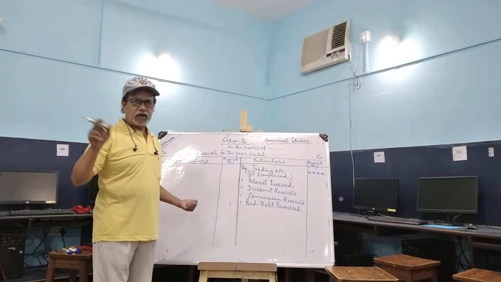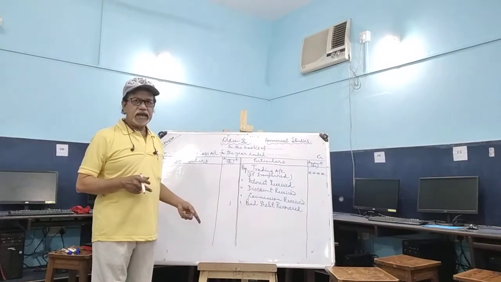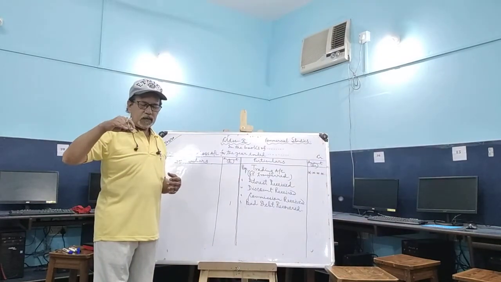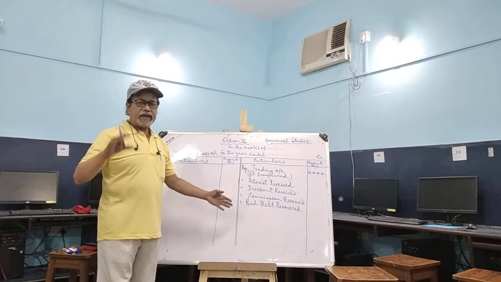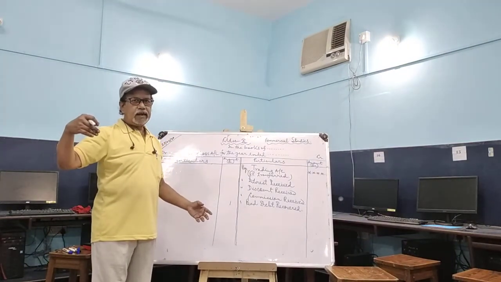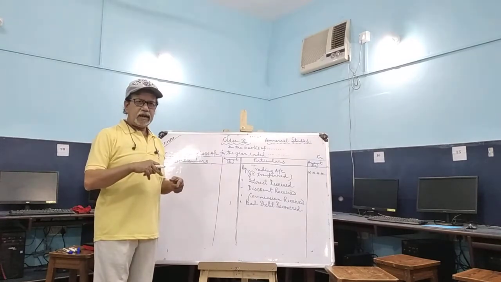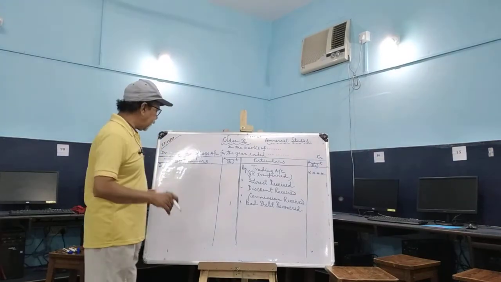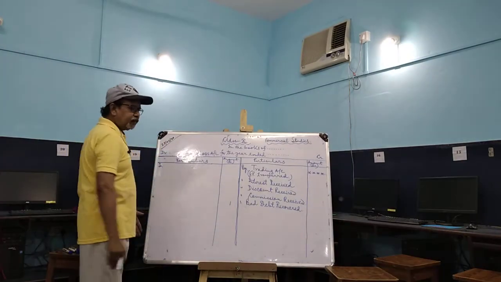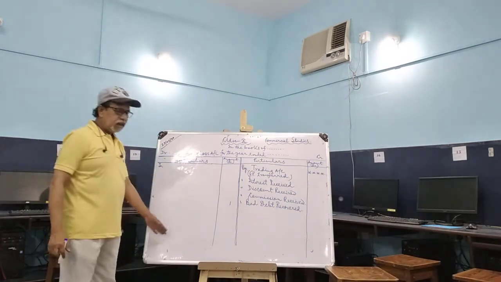His account is closed and the bad debt account is opened. When that amount is recovered from him, this bad debt account will be closed again and a bad debt recovery account will be opened. Anyway.